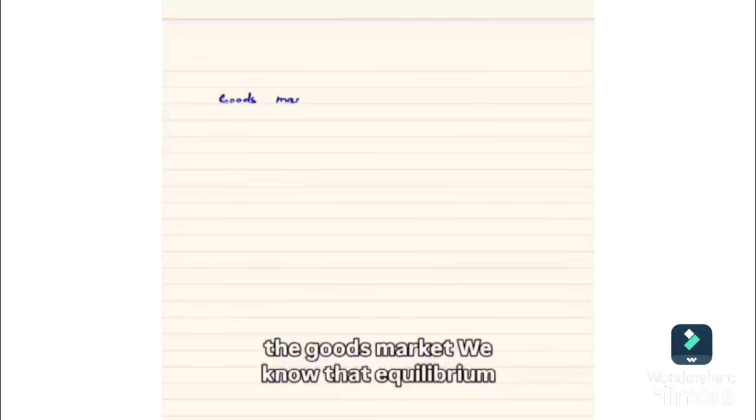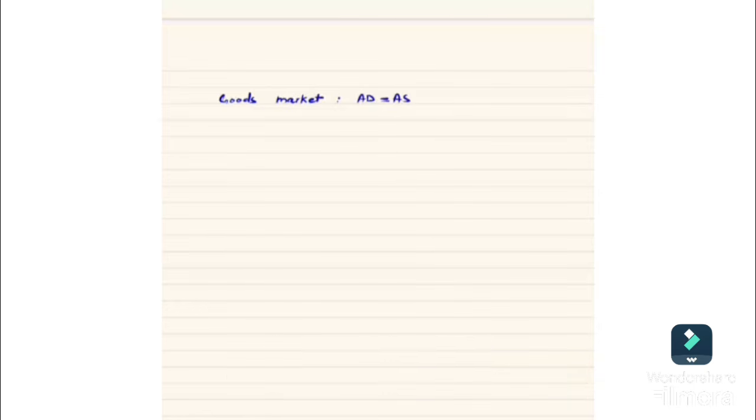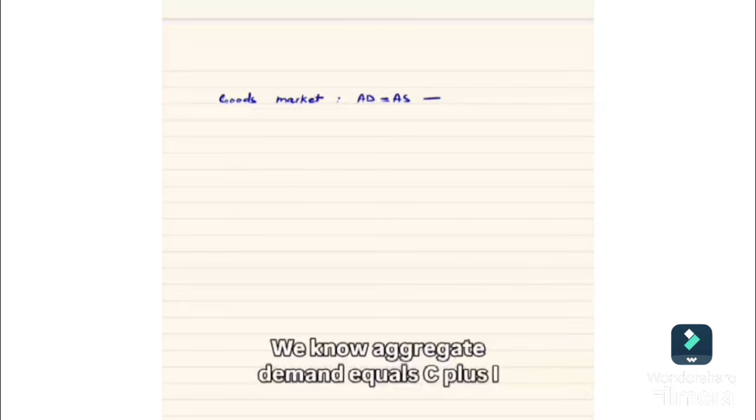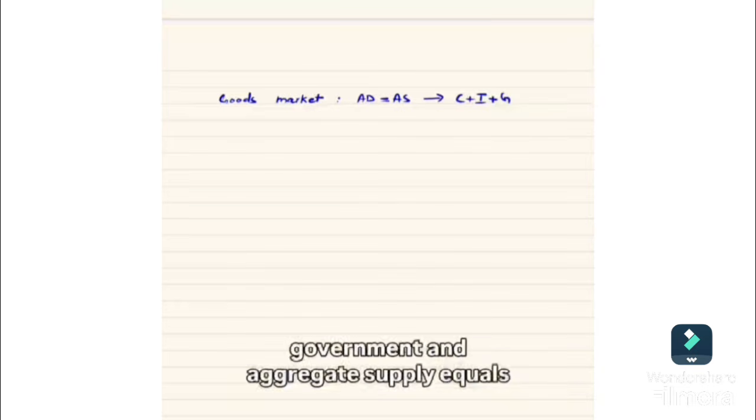In the goods market, we know that equilibrium holds whenever aggregate demand is equal to aggregate supply. We know aggregate demand equals C plus I plus G in a closed economy with government, and aggregate supply equals output.